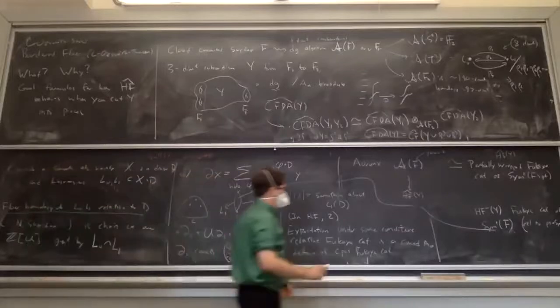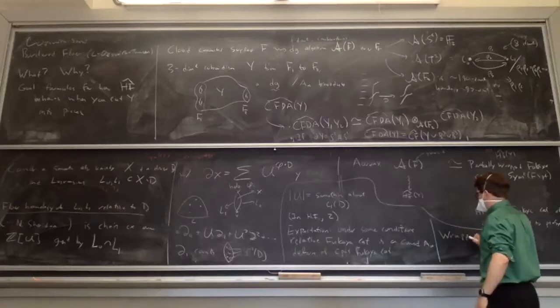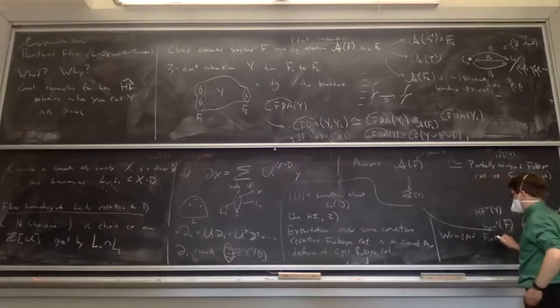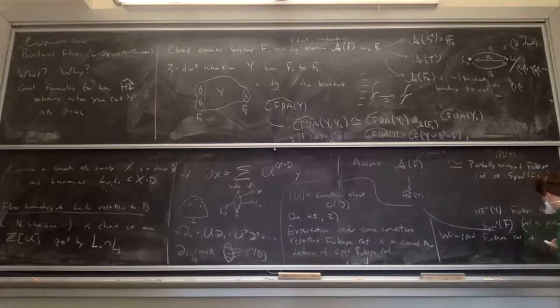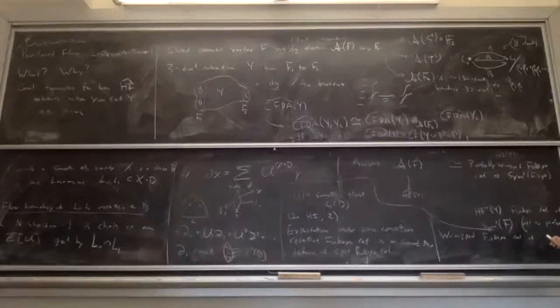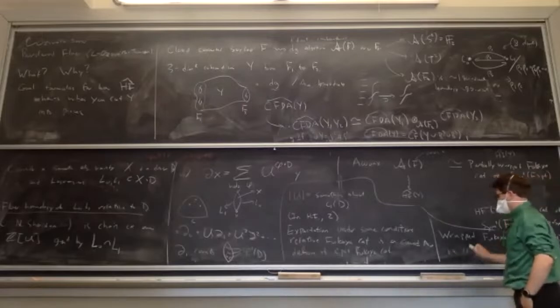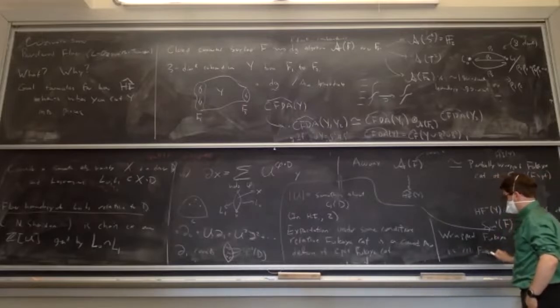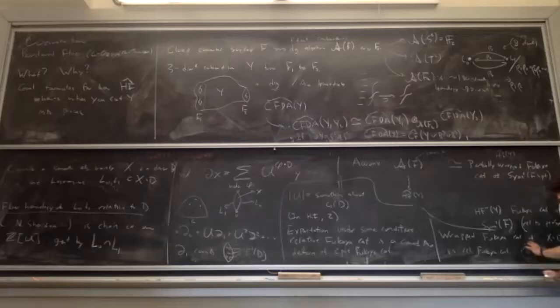But it's not clear what the relationship with the wrapped Fukaya category is. The wrapped Fukaya category of X minus D versus the relative Fukaya category, I think the relationship is not known, because there's not a map on objects.